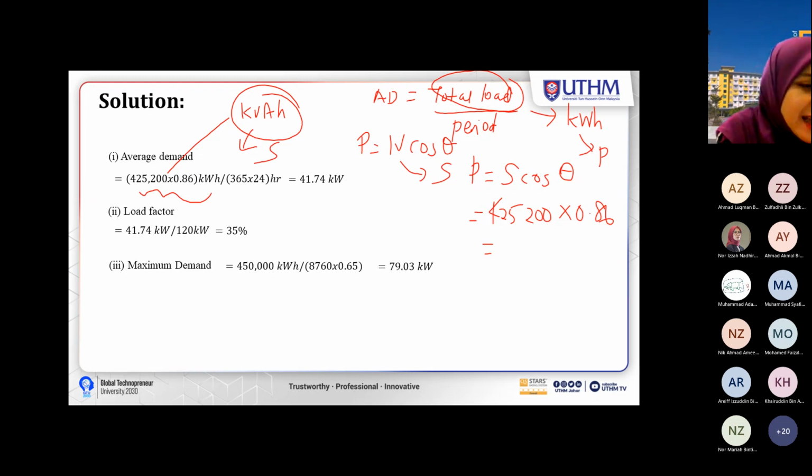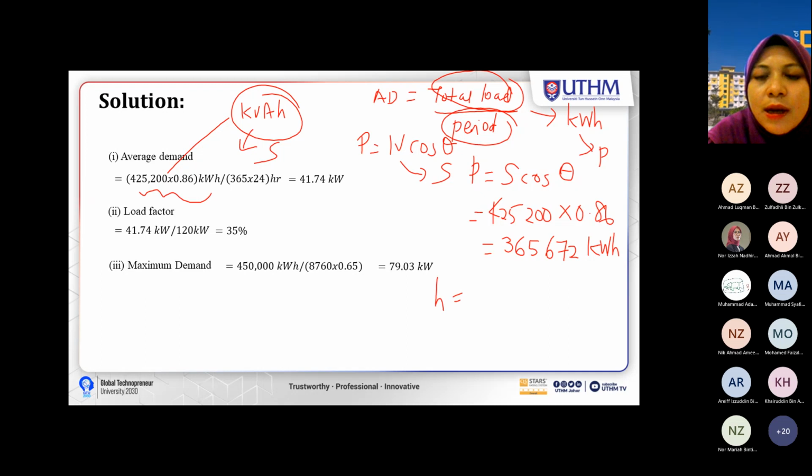365,672. So jadi kilowatt hour. Betul, so jadi sekarang ni hours, period dia. Period dia kata tahun kan?